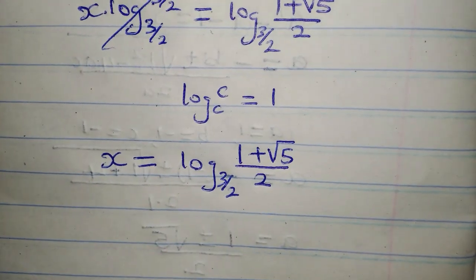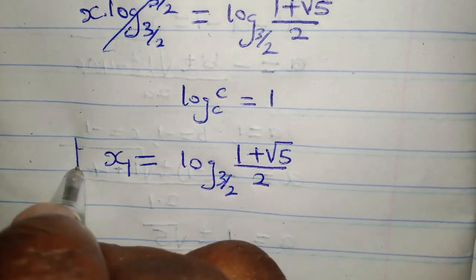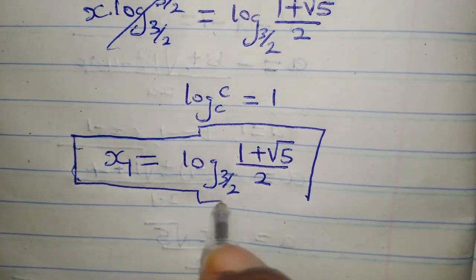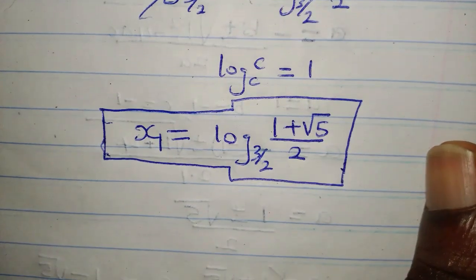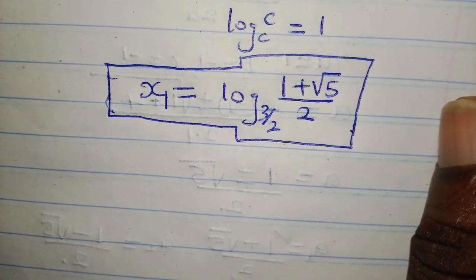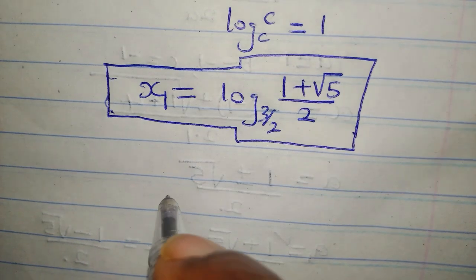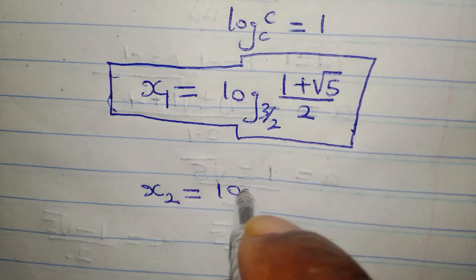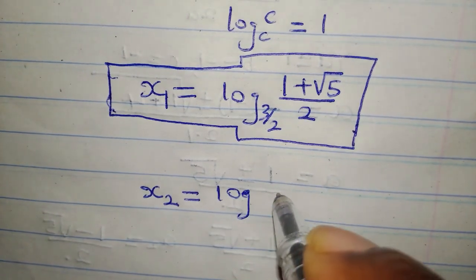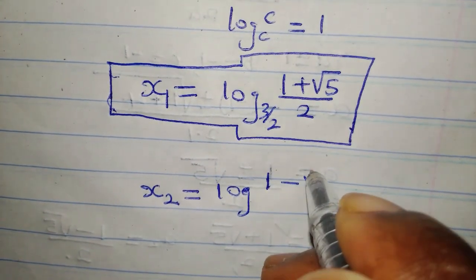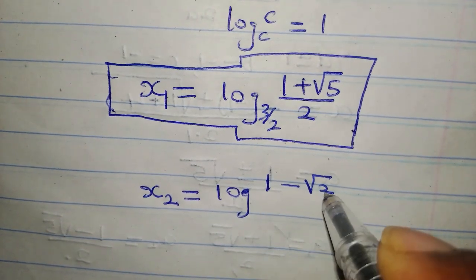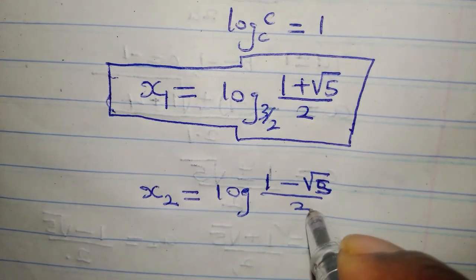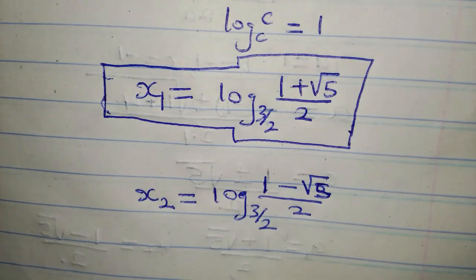So this is the first value for x. If you have to solve for the second value for x, it will be equals to log of 1 minus root 5 divided by 2 to base 3 over 2.